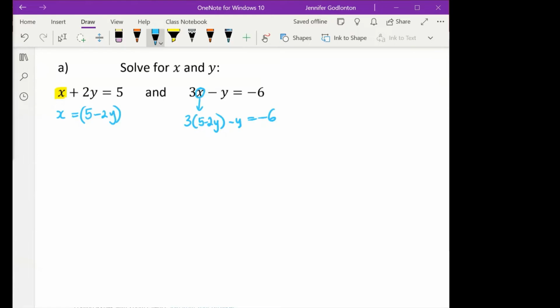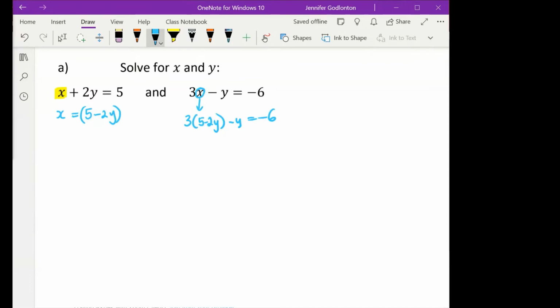Ma'am, after multiplying the 3 inside the bracket, do you multiply the minus y or do you minus the minus y with minus 2y? So that minus 2y is going to become negative 6y. And then we definitely would just minus the y from that minus 6y. Thank you, ma'am.